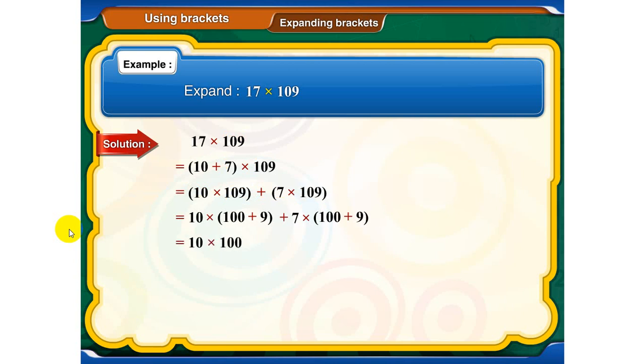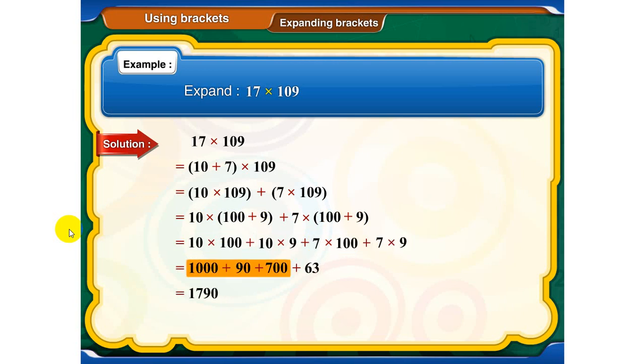That is equal to 10 into 100 plus 10 into 9 plus 7 into 100 plus 7 into 9, which is equal to 1000 plus 90 plus 700 plus 63, that is 1790 plus 63, which is equal to 1853.